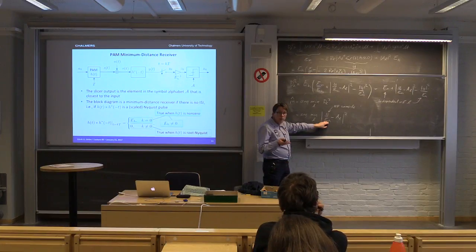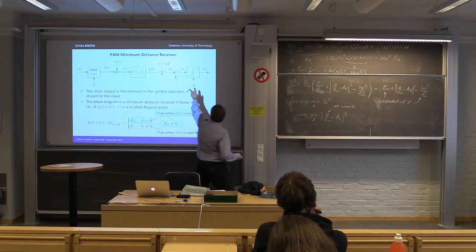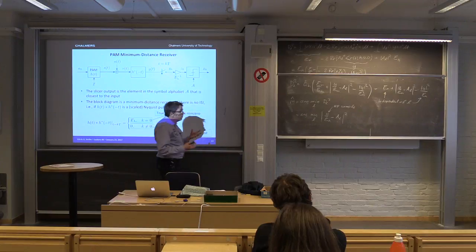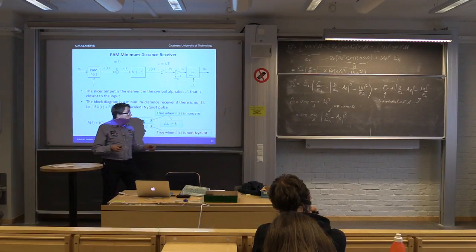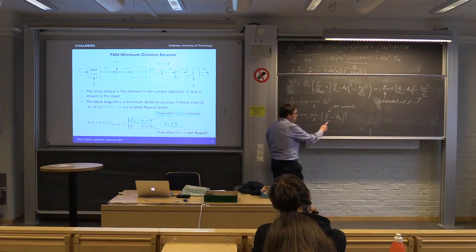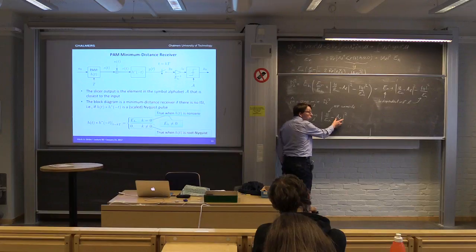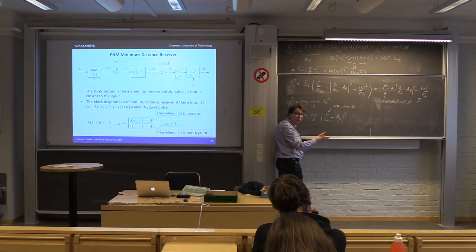Okay. Next thing we do is we feed that into the slicer, and we find the A in curly A which is closest to the input. Okay, that is, we compare Z with all the possible A's, take the differences, magnitude squared, and then output the best of those.